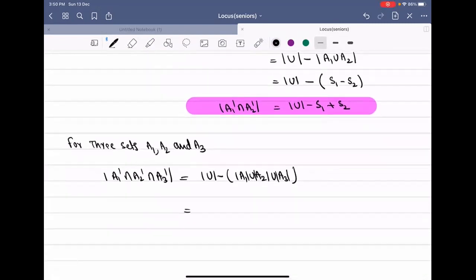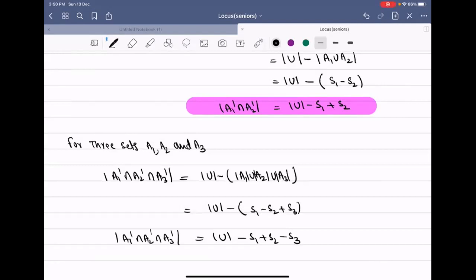So this is equals to universal set minus, this already we calculated, S1 minus S2 plus S3, which is equals to universal set minus S1 plus S2 minus S3, which is the formula for A1 prime intersection A2 prime intersection A3 prime.